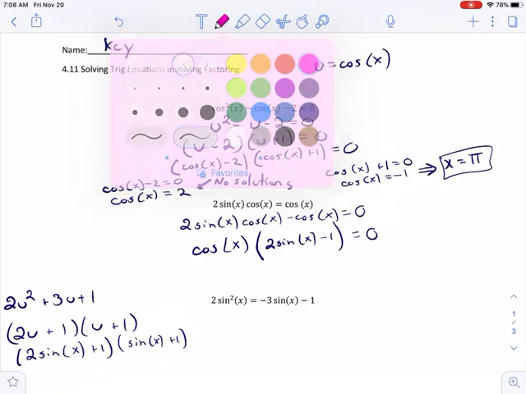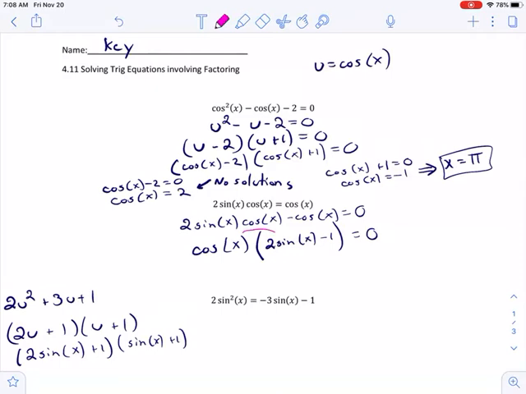If you need help with that step, I might look in reverse and notice that if I were to distribute that cosine of x, I would arrive at the expression that I have up top. That lends some credibility to what we had just done. Now if you look, I have two different factors that, when multiplied together, give me 0. So I can again set each one equal to 0 and then try to solve these to figure out what I get.